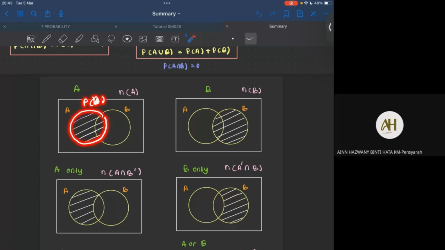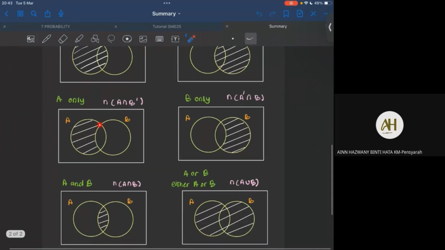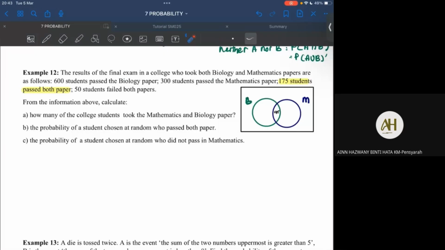Contohlah ini B kita tadi. Probability pass biology. Okay. Tapi ini ialah probability pass biology only. Okay. Bila only dekat situ, dia ada kawan dia lah. Dia ada kawan yang satu lagi tu tidak pass. Okay. Kena fahamkan macam mana nak tulis bentuk dalam formula kita, simbol kita ataupun kena fahamkan konsep dia dekat situ.